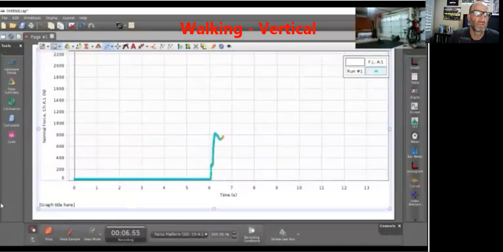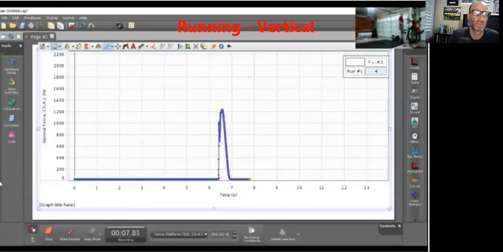And walking vertical, I did not review this in the notes, but that is a very characteristic walking curve. We can go back and talk about that at some point when we want to look at walking. But walking looks very different than running. Walking, you have your center of mass at the highest point at mid-stance, where running, you have your center of mass at the lowest point at mid-stance.